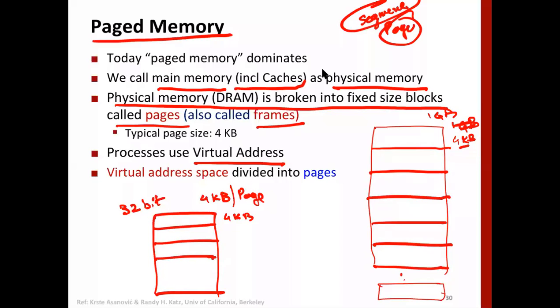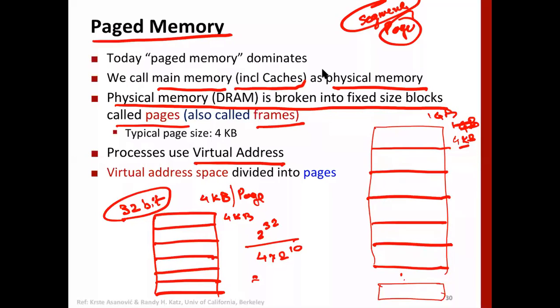Now note that you have to just visualize this, because actually there has to be some mapping for each page in the virtual address space, but it may not exist. I mean, a process may not use the whole address space. Anyway, we'll discuss that later. Note that a 32-bit machine means a 2 raised to power 32 address space, and each page is 4 into 2 raised to power 10.